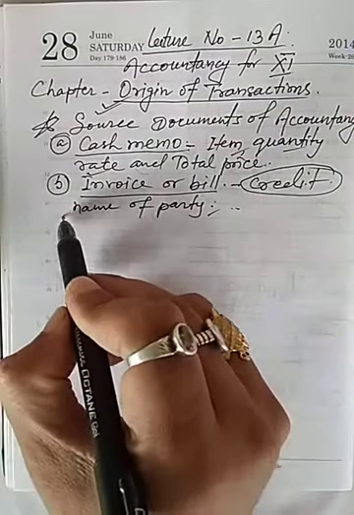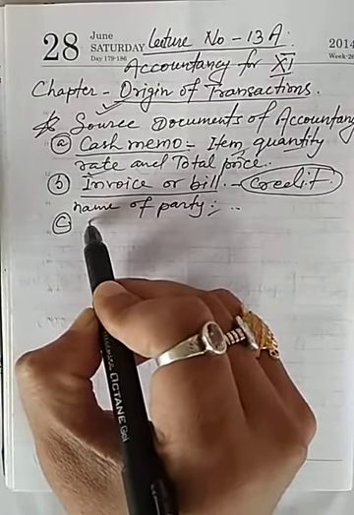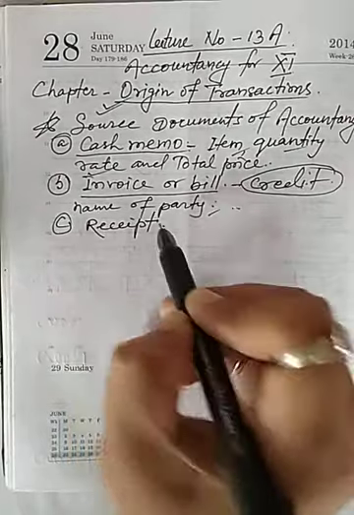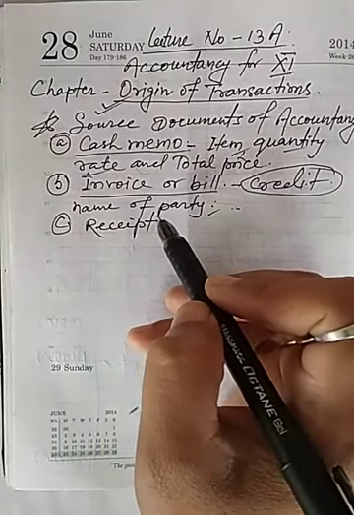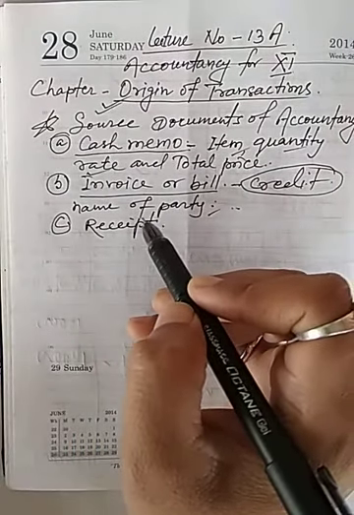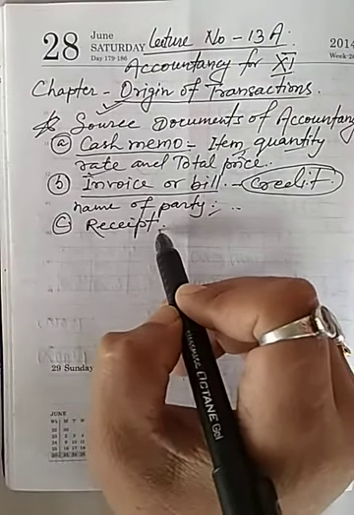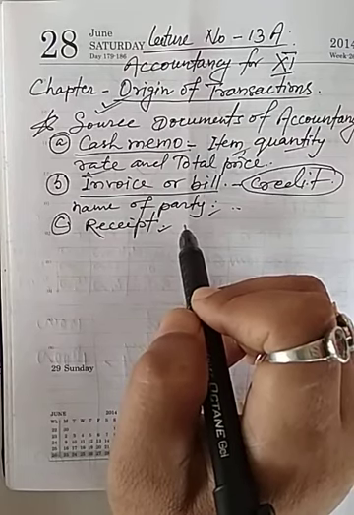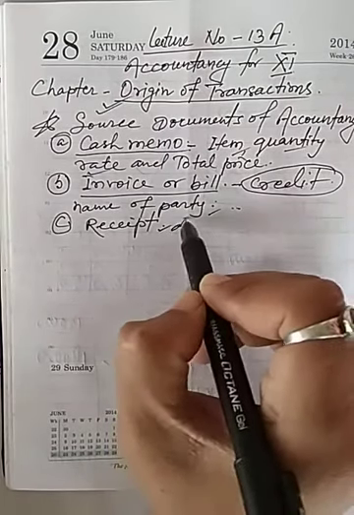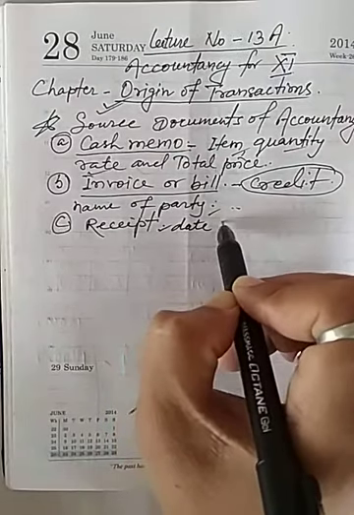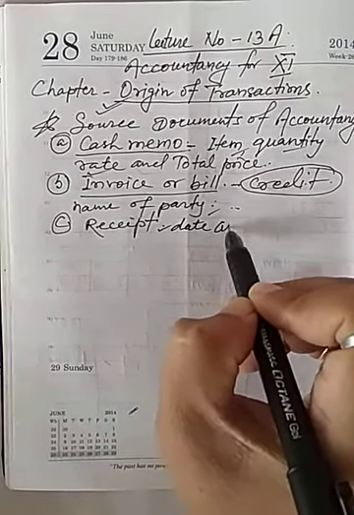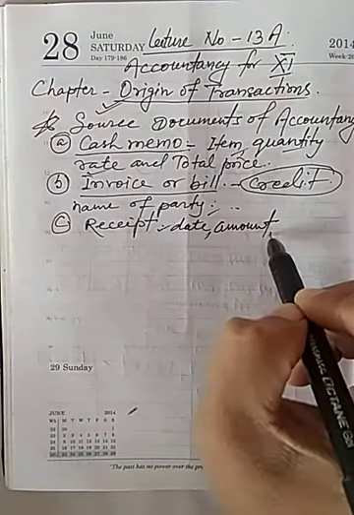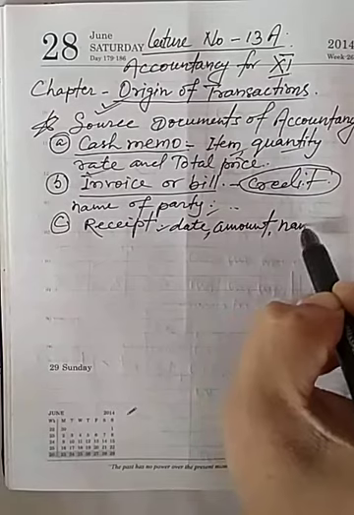Now, the next point is receipt. When a trader receives cash from a customer, he issues a receipt containing the date, amount, and name of the customer.